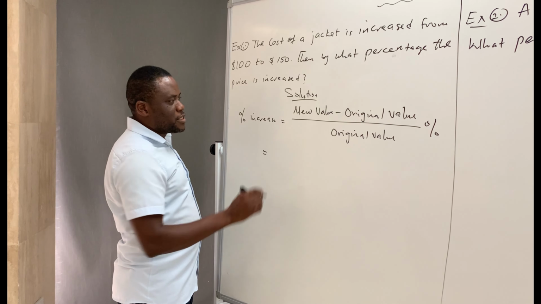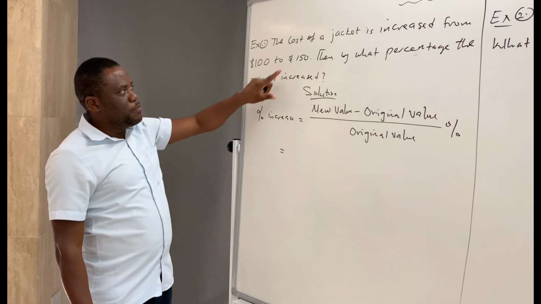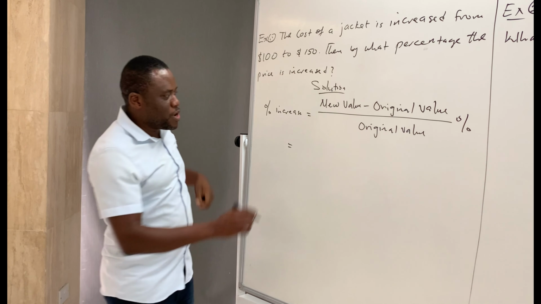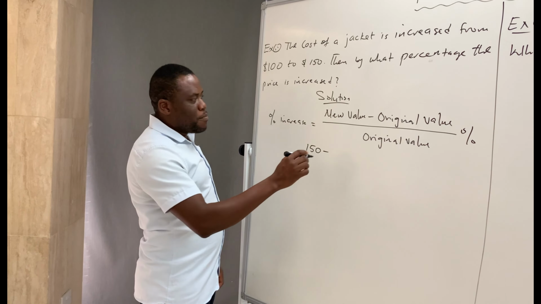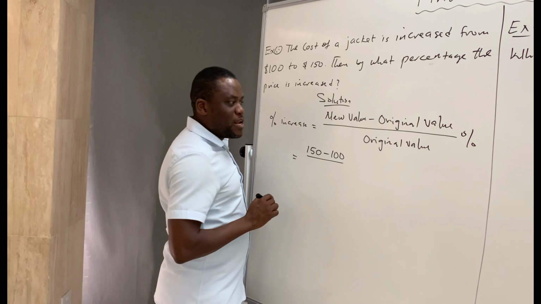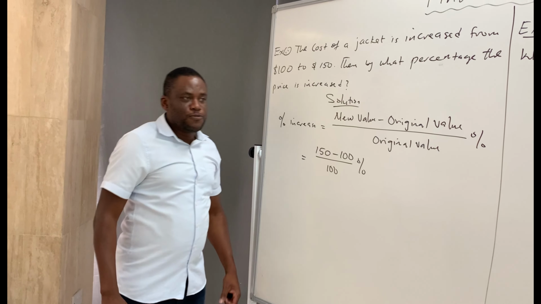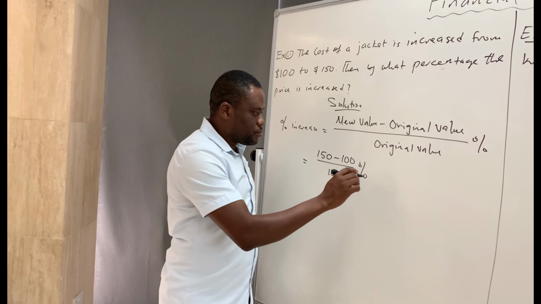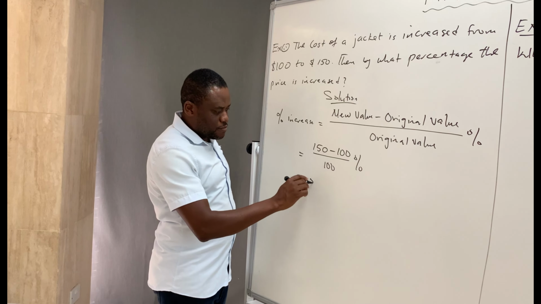Now, in this case, this is our original value before it gets increased, so this is the new value. So we have 150, that is the new value, minus the original value divided by the original value, percentage. So we will find the increase. 150 minus 100 equals 50.